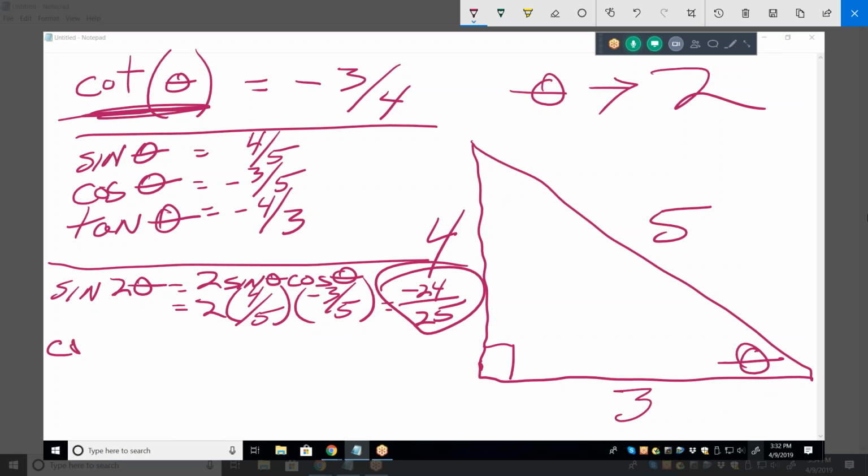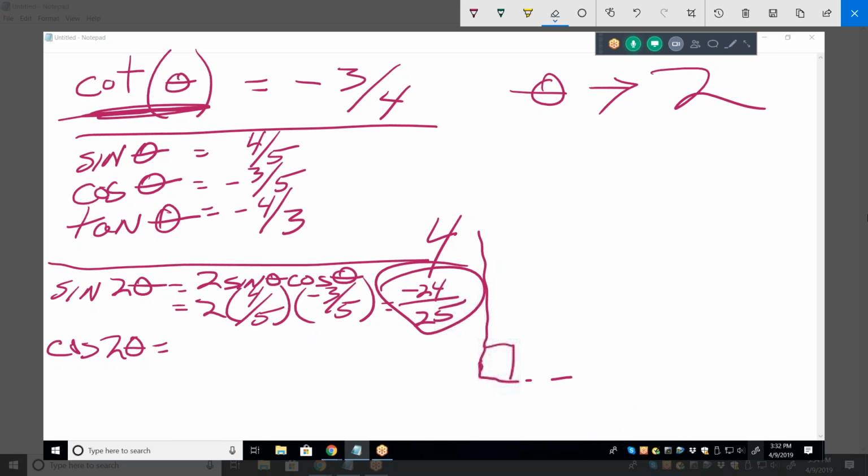Now, the cosine of 2 theta is a bit unique. It has 3 different identities, and there's a reason for that. It's from calculus. All three of those identities become extremely valuable when you're doing calculus, but in trig, it's just kind of an oddity.